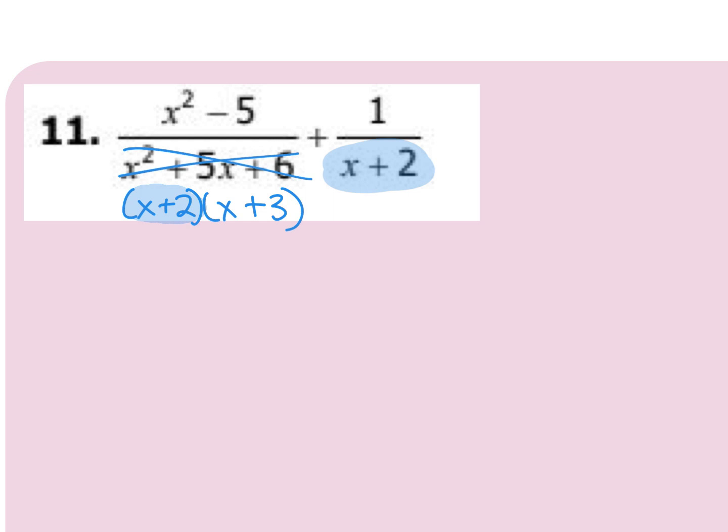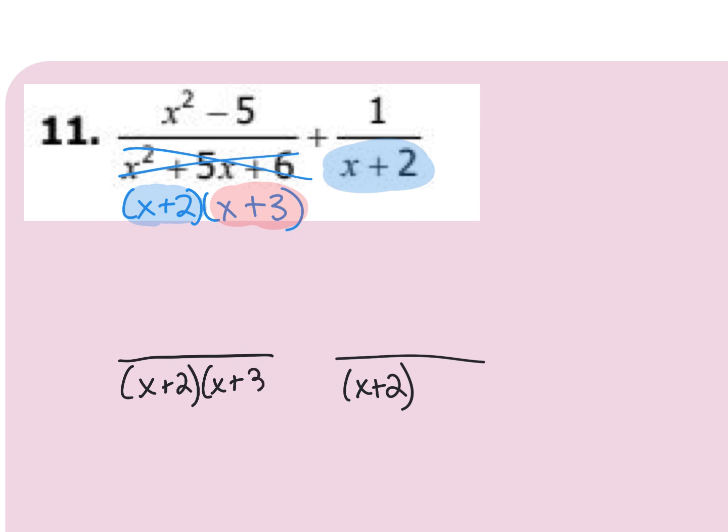And now we're going to color code that other binomial, which is x plus 3. Perfect. And now to find the common denominator. So both of them have x plus 2 already. And in order for this to be a common denominator, they both need x plus 3 as well. Perfect. Love to see it.